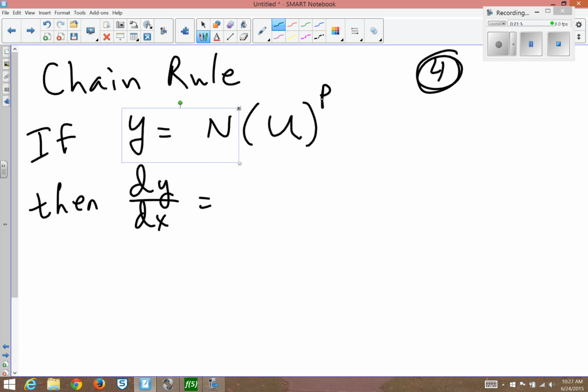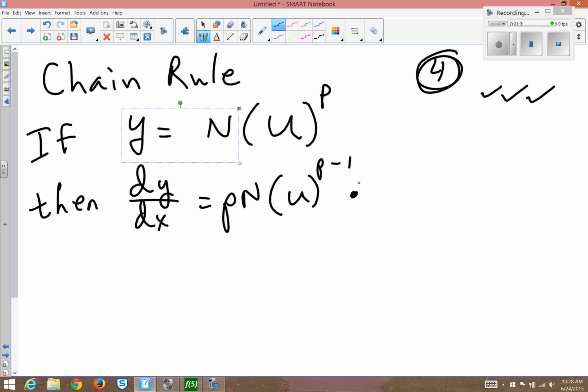The first thing is the exponent and the number in front have to be multiplied. The second thing is this u, whatever is in the parentheses, has to be copied. The third thing is this exponent has to be reduced by 1. That's only three things.